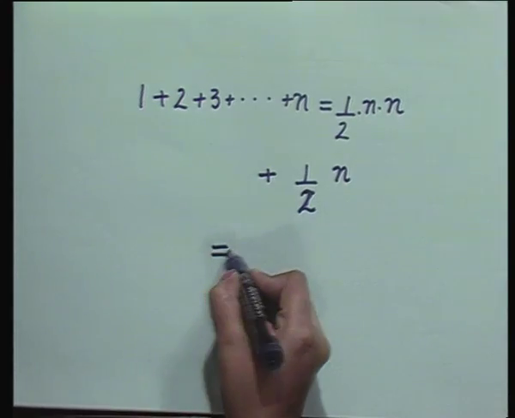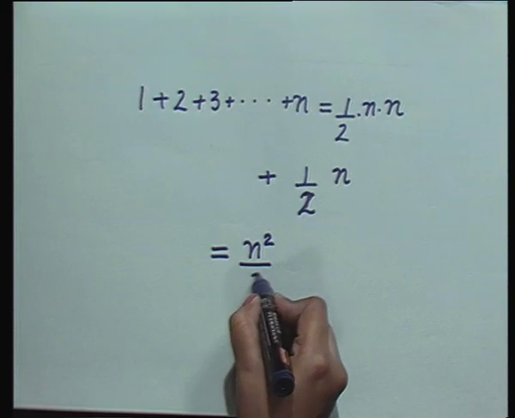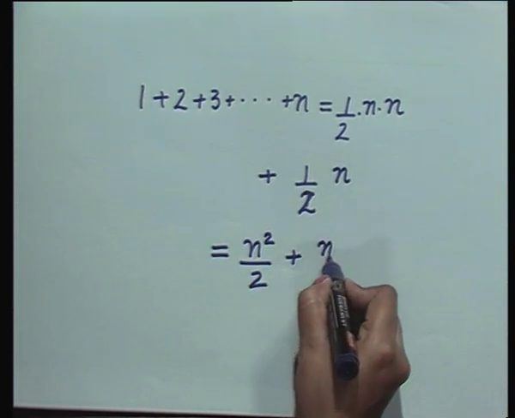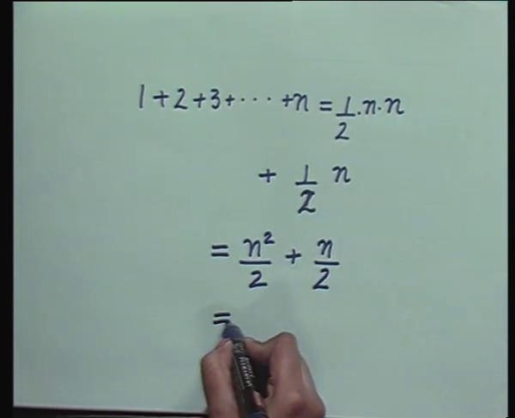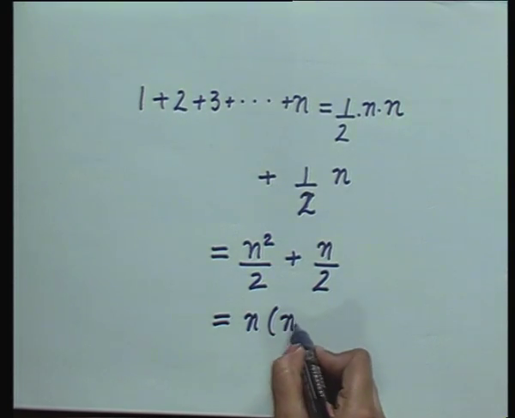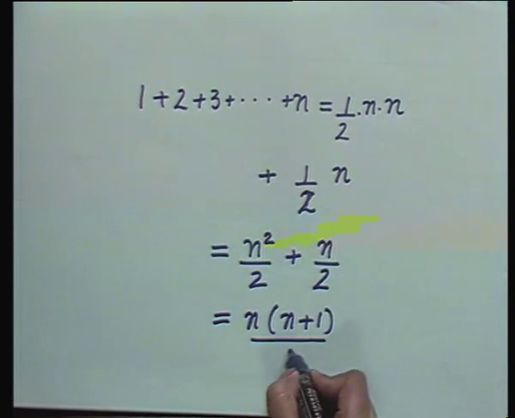Unit squares means they have side of 1 unit each, and therefore what you get is nothing but n square by 2 plus n by 2, and that is nothing but n into n plus 1 by 2.